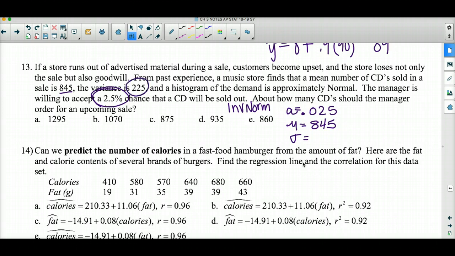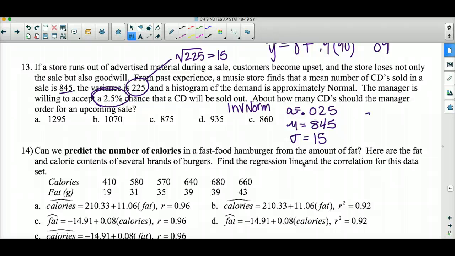The variance. So what do you have to do to the variance to get the standard deviation? Square root. The square root of 225 is 15. This doesn't help us today or on our test tomorrow, but it will help us with the test that is Monday. That's why I'm still doing them and not saying let's skip them.